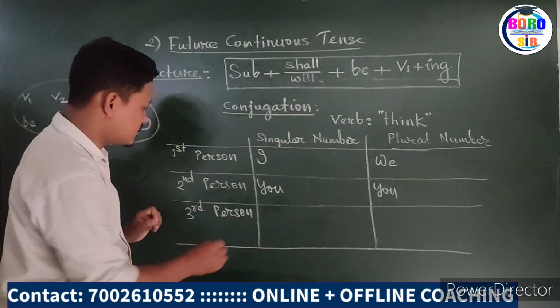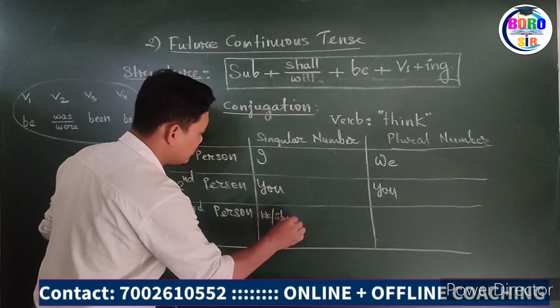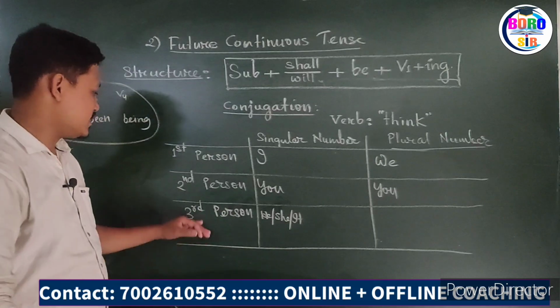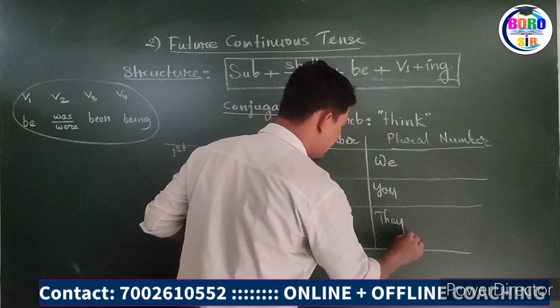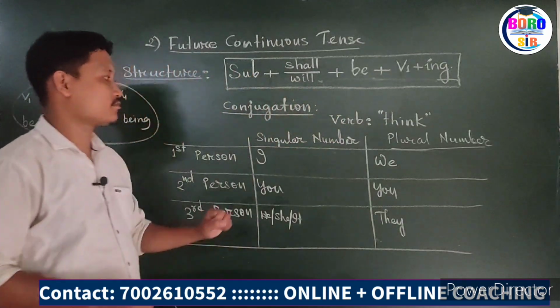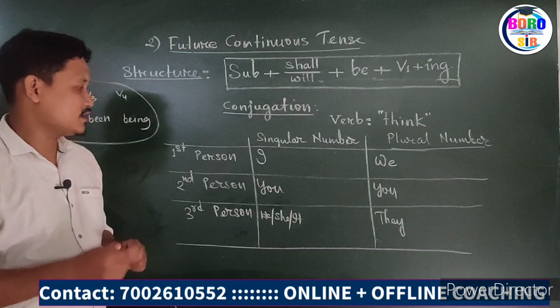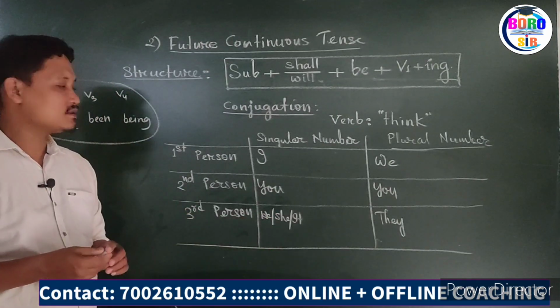And below the second person we have he, she or it. Any one of these subjects will be here in third person singular number, and they are collectively called plural number subject. It is they.